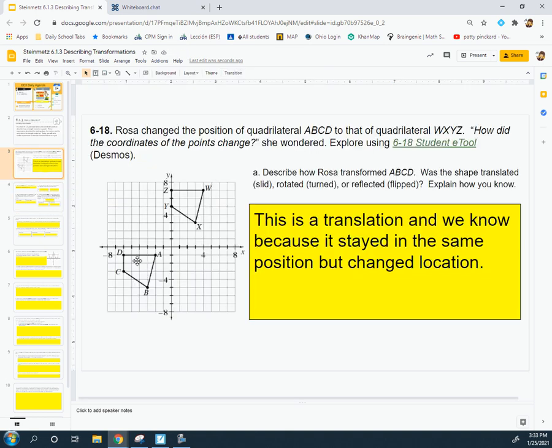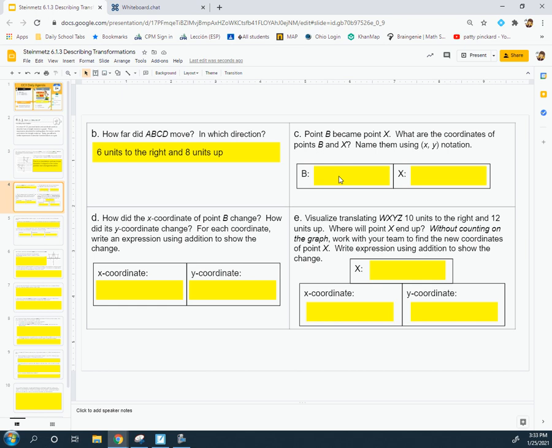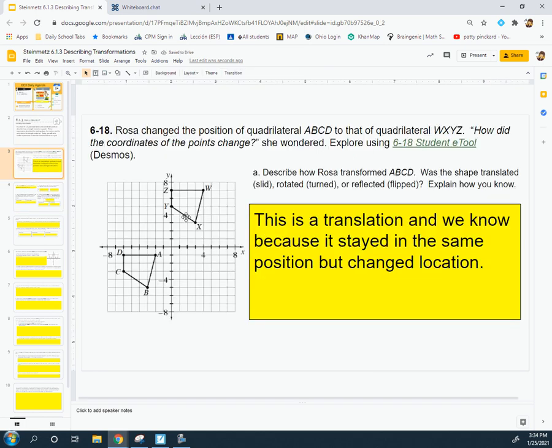Point B is at negative 3, negative 5. Point X is at 3, 3.